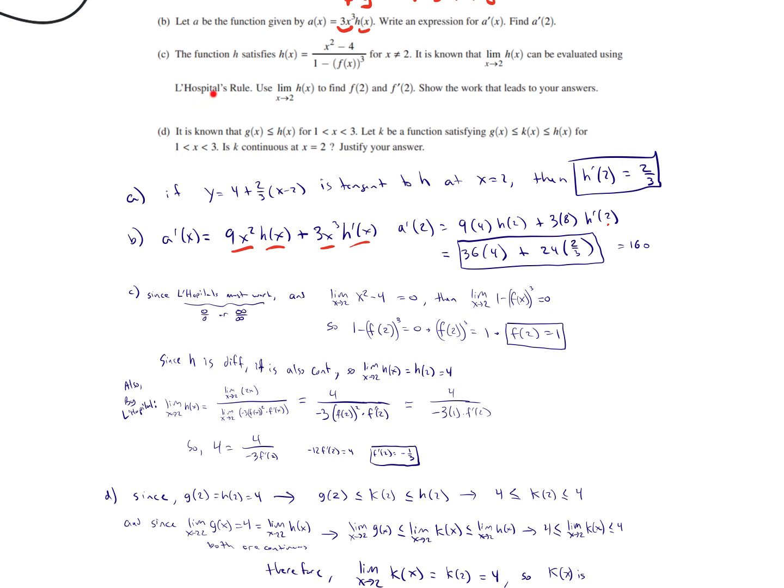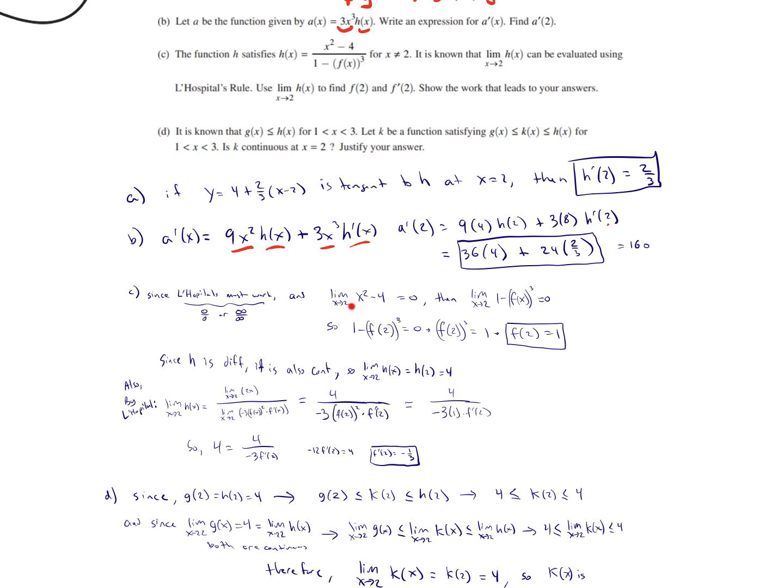Well, do you remember for L'Hopital's rule, we have to have either 0 over 0 or infinity over infinity. Since the top is already 0 when I plug in 2, I know the bottom has to be 0 because L'Hopital's rule must work. So that's the first realization: the top is 0, so the bottom has to be 0. It means I can solve for f of 2.